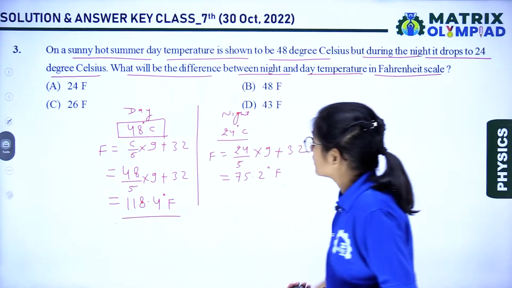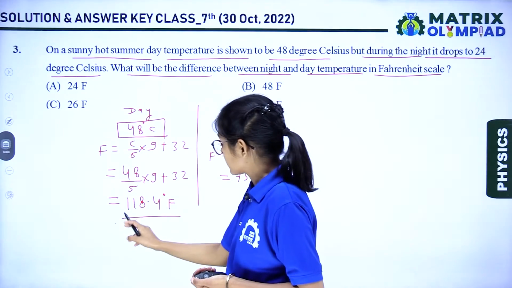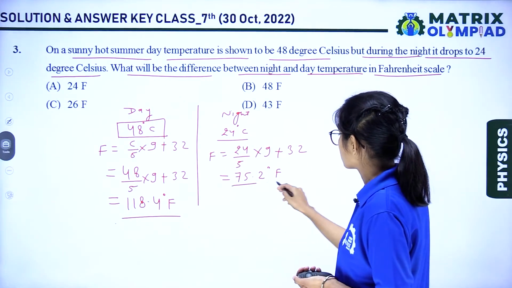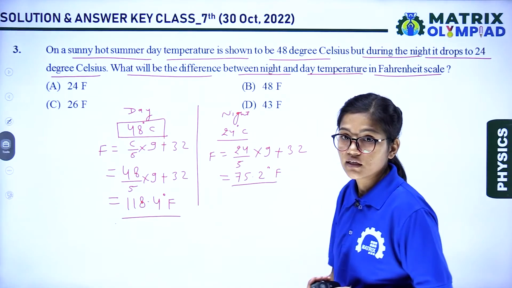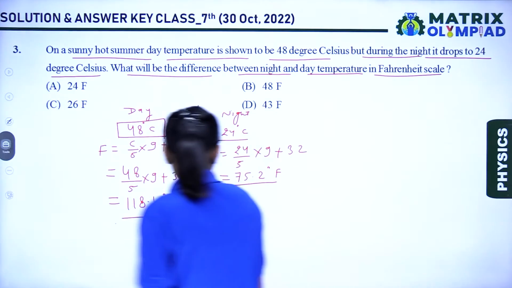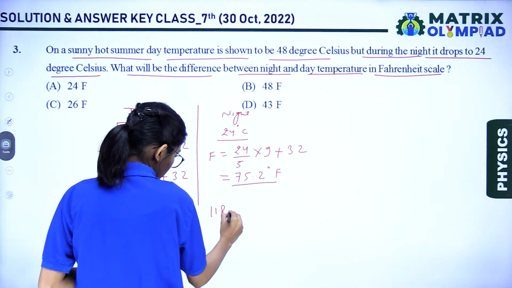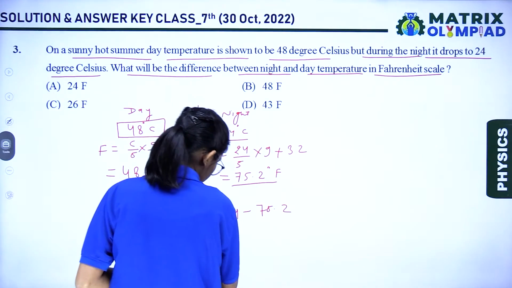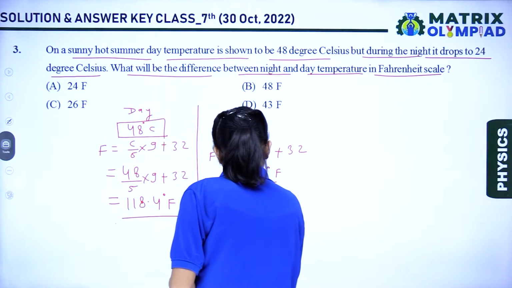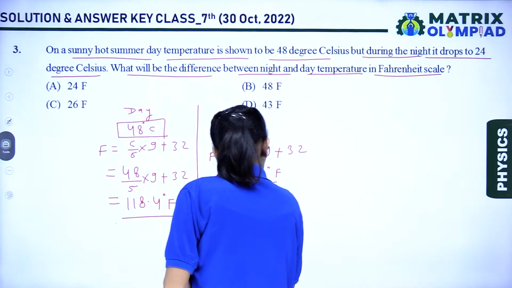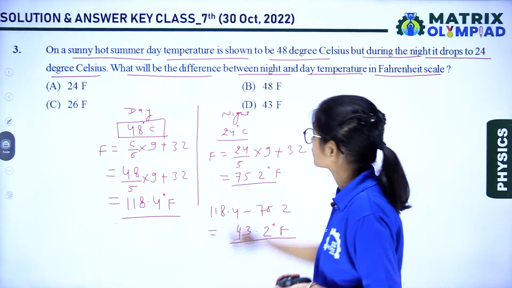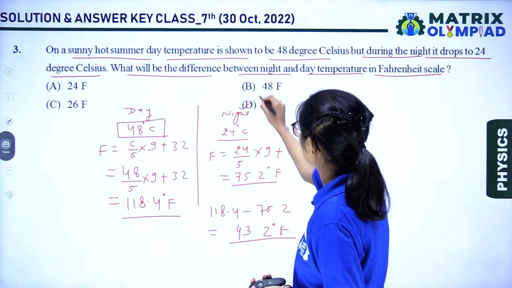So the day temperature on the Fahrenheit scale is 118.0 degrees and the night temperature is 75.2 degrees Fahrenheit. Just find the difference between them: 118.0 minus 75.2. So our answer will be 43.2 degrees Fahrenheit. For this question, our answer will be option D.